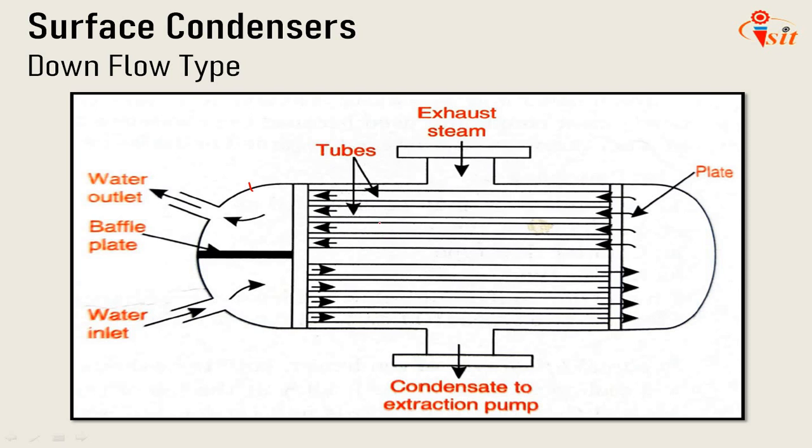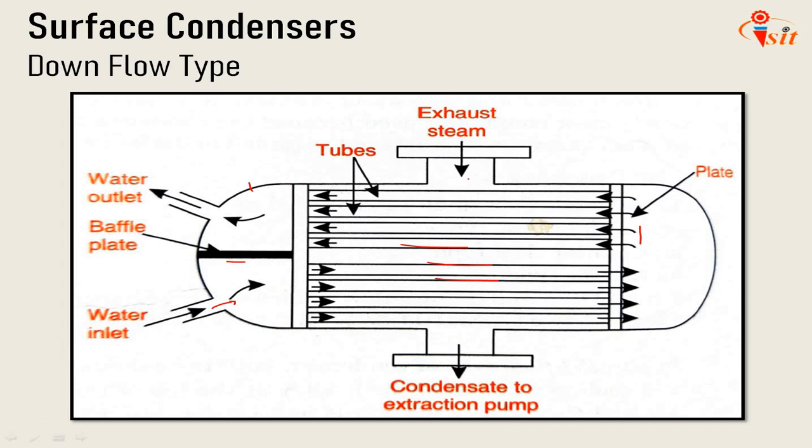It has cover plates at the ends and is furnished with a number of parallel brass tubes. A baffle plate here partitions the water box into two sections. The cooling water enters the shell here at the lower half section, and after traveling through the upper half section comes out through the outlet.